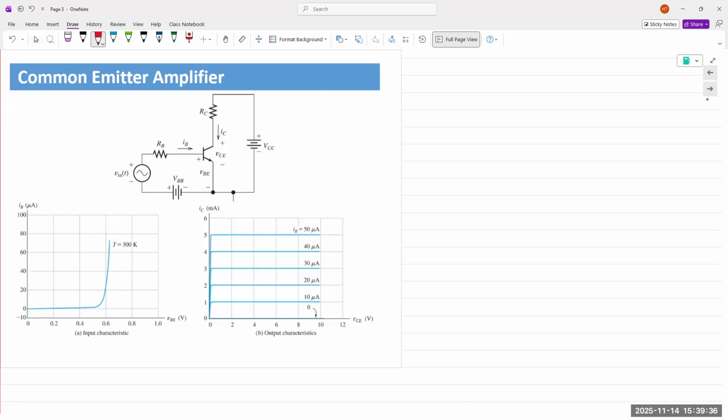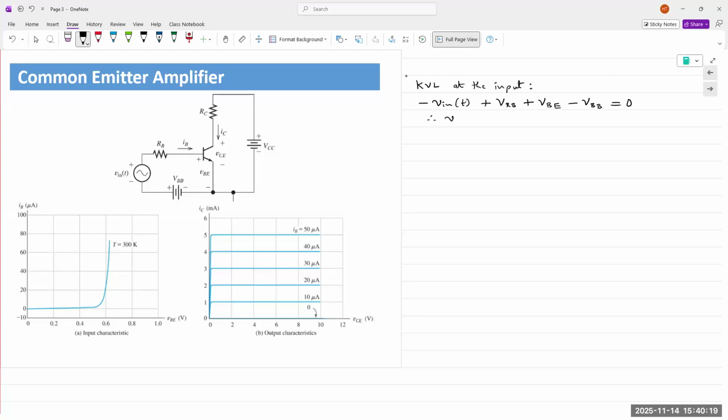Let's apply KVL on the input side first. We have four voltages: minus vin(t), the AC input voltage, plus the base resistor voltage VRB, plus VBE, minus VBB, which sum up to 0.